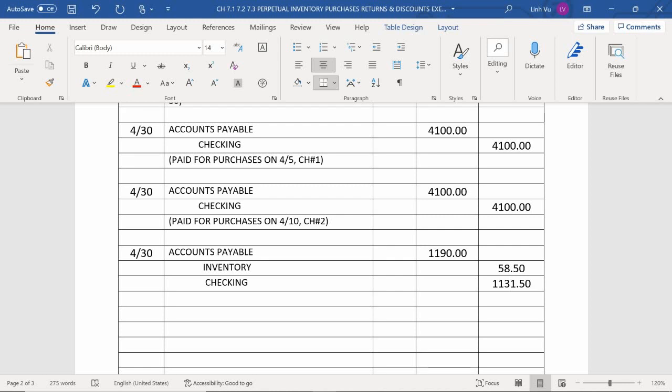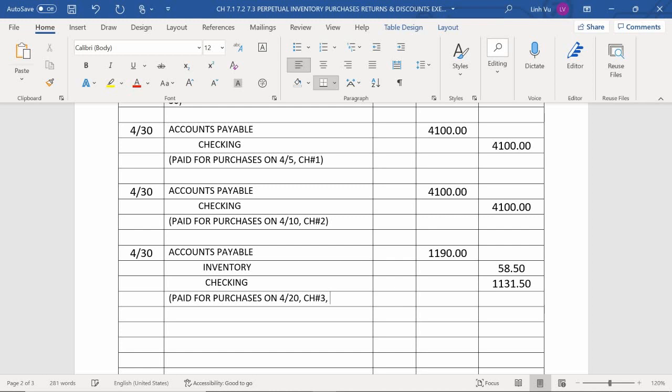Nope. The 58.50 is correct, because if you take 5% of 11.70, it is 58.50. So that one's correct. Okay. So then I'm going to go ahead and make a note here that I paid for purchases on April 20th, with check number 3.